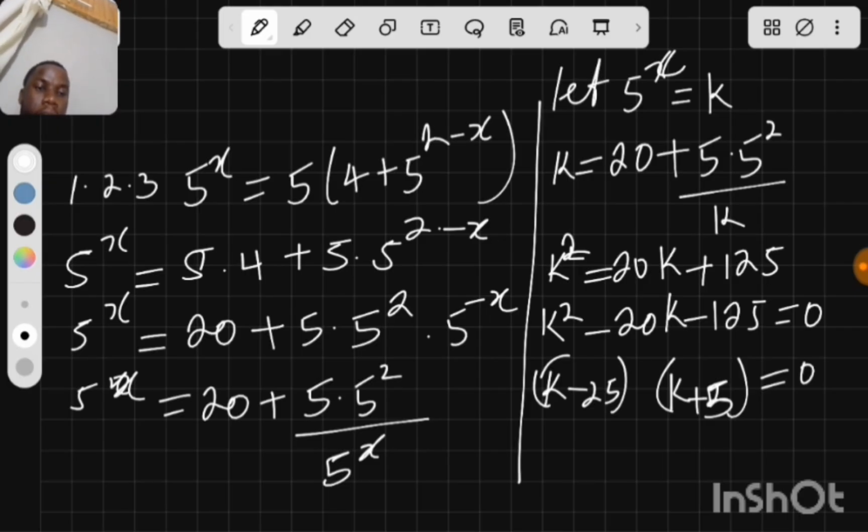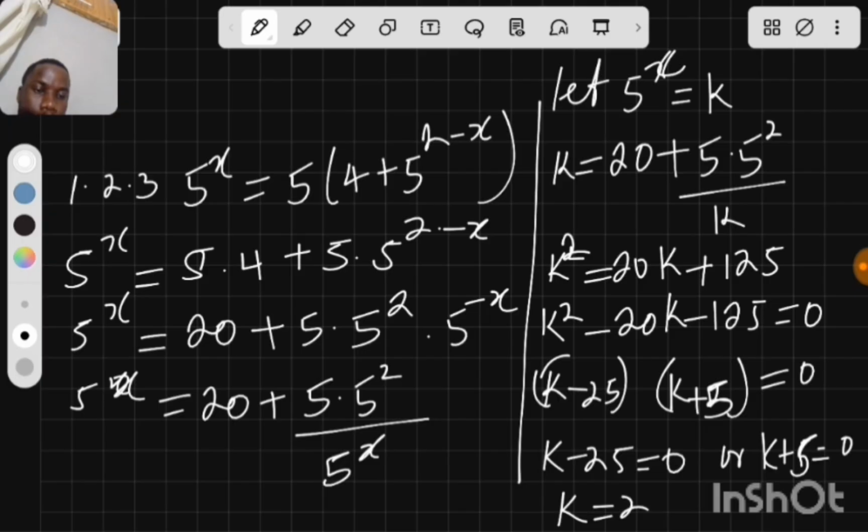Therefore, k minus 25 is equal to 0, or k plus 5 is equal to 0. Then k is equal to 25, or k is equal to negative 5.